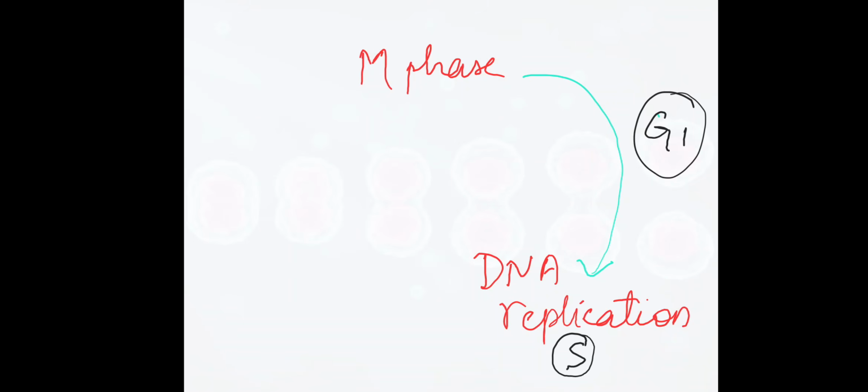So the period between M phase and DNA replication phase is known as G1 phase, and the period of DNA replication, where DNA synthesis is taking place, that phase is known as S phase, and the period between DNA replication and M phase is known as G2 phase.